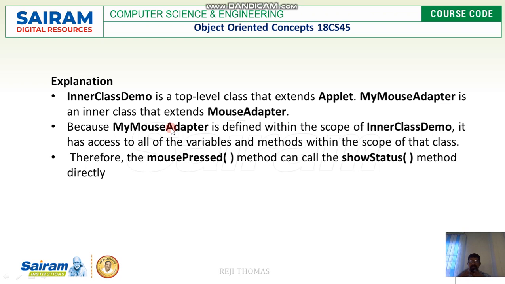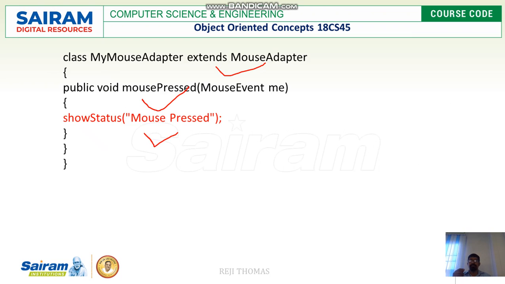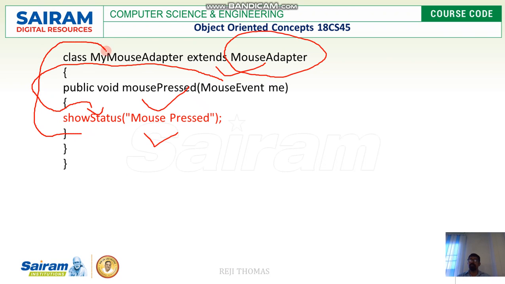Let me repeat. The previous class InnerClassDemo is a top level class that extends Applet. MyMouseAdapter is an inner class that extends MouseAdapter. So I can use this showStatus method as if it is present inside the MouseAdapter class.